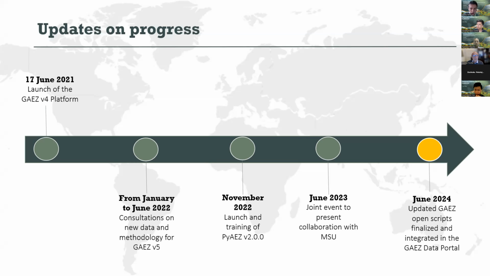And within your institution or your organization, you may want to use open Python scripts to run this kind of calculation. In 2023, a joint event was recently organized with Mississippi State University and, of course, with IIASA and with our colleagues from S3 on the use of big data and high computing power to increase the speed of the calculation, but also increase the spatial and the temporal resolution of the data.